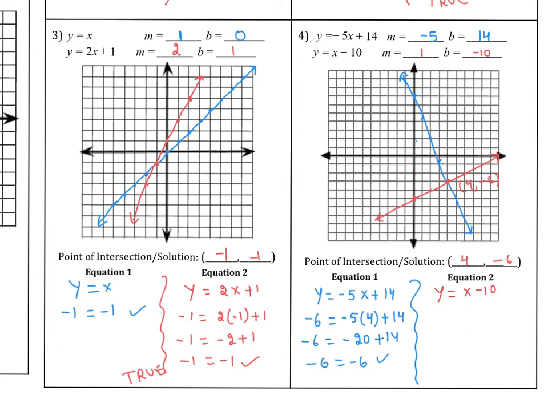You're going to plug y as -6, x as 4, and see if the two sides are equal or not. So the two sides for both equations come out as true. So it means that 4, -6, this point is a solution of the system of linear equations y equals -5x plus 14 and y equals x minus 10.